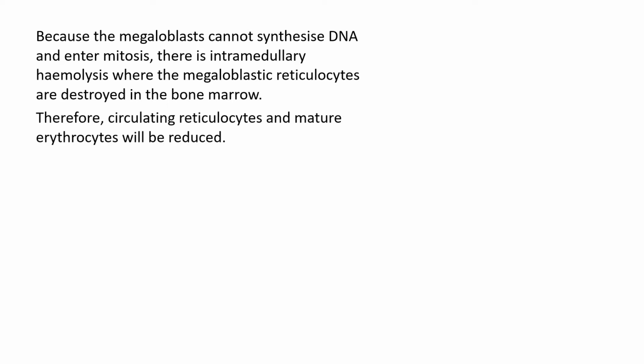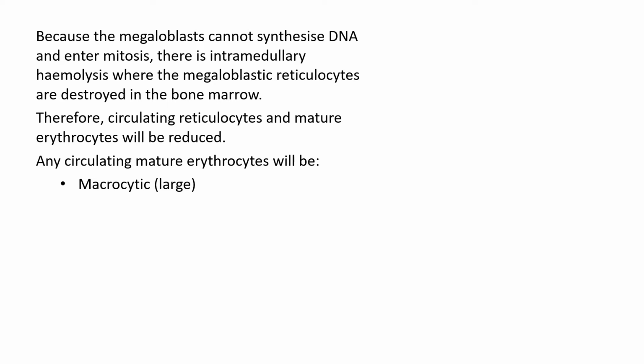So the circulating reticulocytes, remember erythrocytes when they're first released, are still pretty immature for the first 24 hours and carry on maturing as they're circulating. So the circulating reticulocytes and also, of course, the mature erythrocytes, the numbers will be reduced. Any that are circulating, the mature erythrocytes, so any of them that make it through, are going to be large.